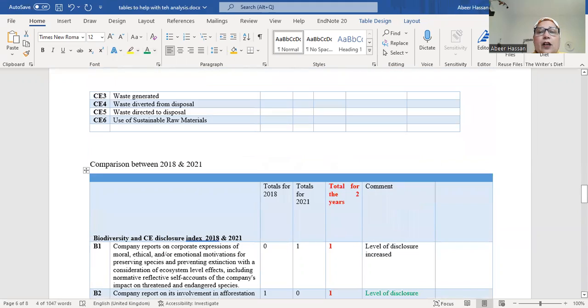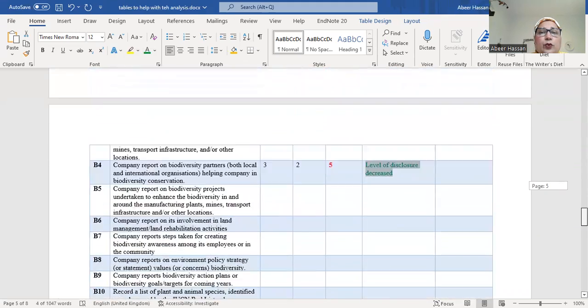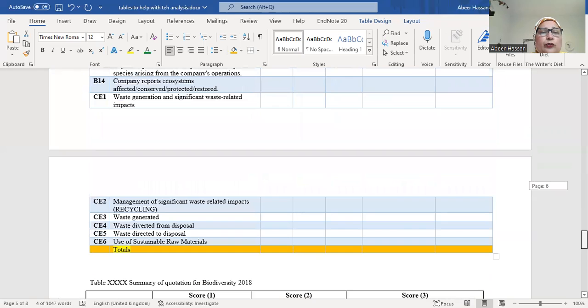Remember, also, while you are creating this, do not forget to add totals. What is the total score in 2018? And what is the total score in 2021? And of course, you see the whole total scores in both years. And also you have to comment whether it increased or decreased.